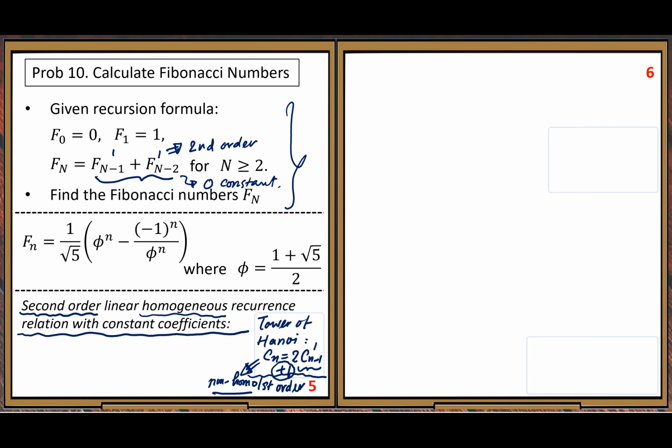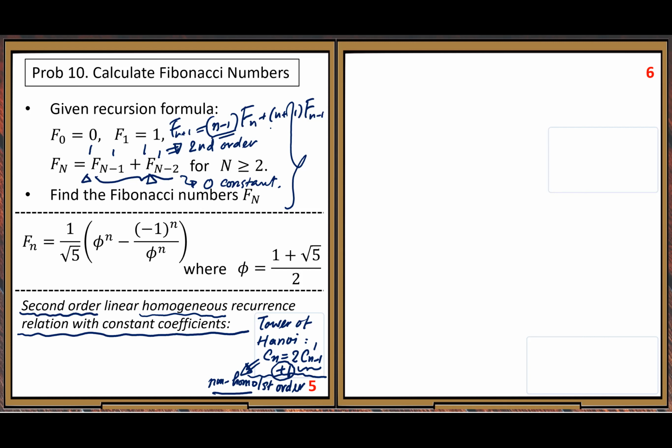Recurrence relation with constant coefficients. What do you mean by constant coefficient? Look at the coefficient of each term. The first term is 1, it's constant. The coefficient of the second term is also 1, also constant. Because sometimes you may have non-constant coefficients, for example (n minus 1) f_n plus (n plus 1) f_(n-1).